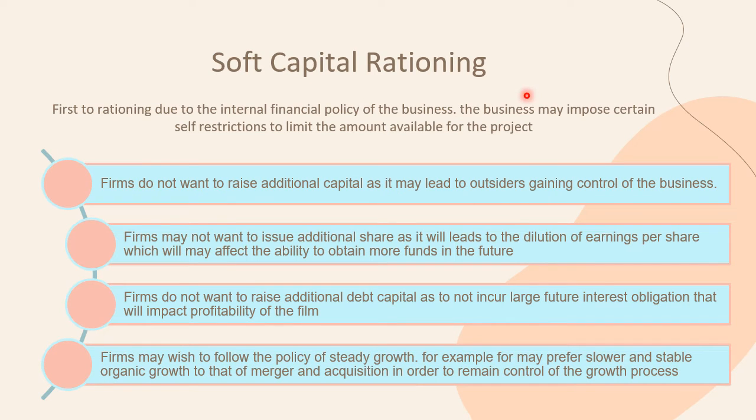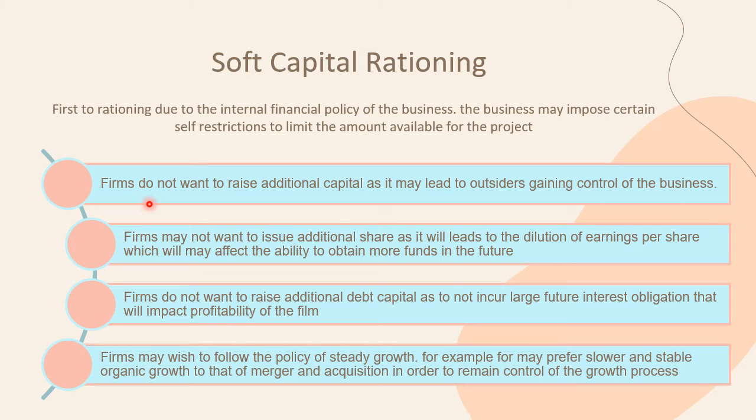For soft capital rationing, this refers to the internal financial policy of the business. The business may impose certain self-restrictions to limit the amount available for projects. Why? First of all, maybe because the firm does not want to raise additional capital, as it may lead to outsiders gaining more control of the business.